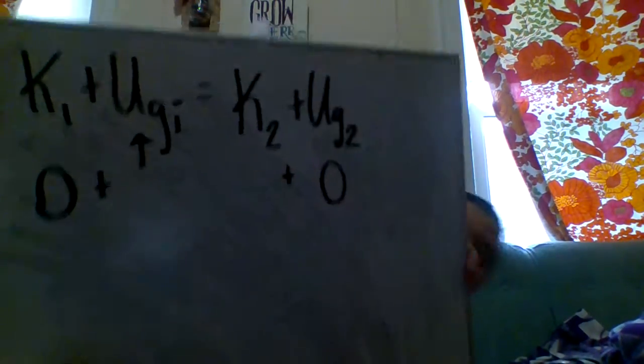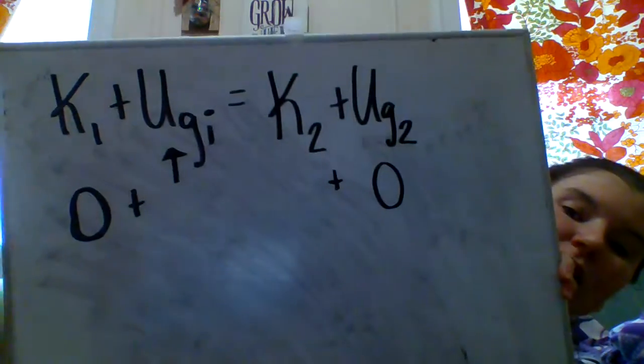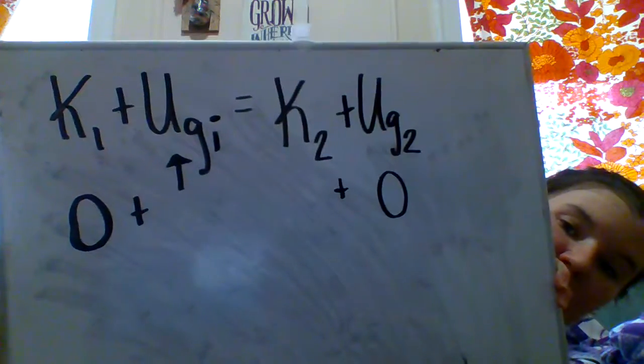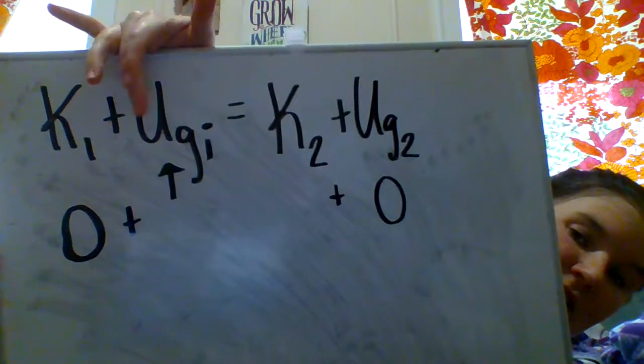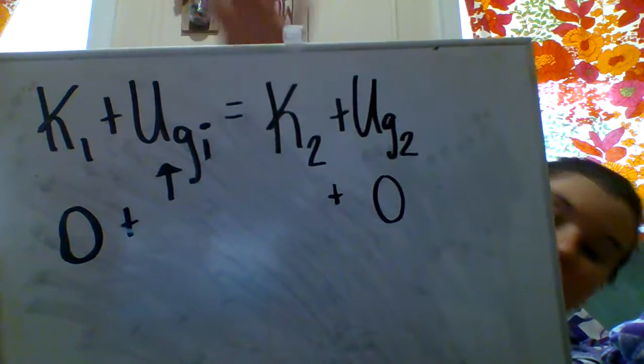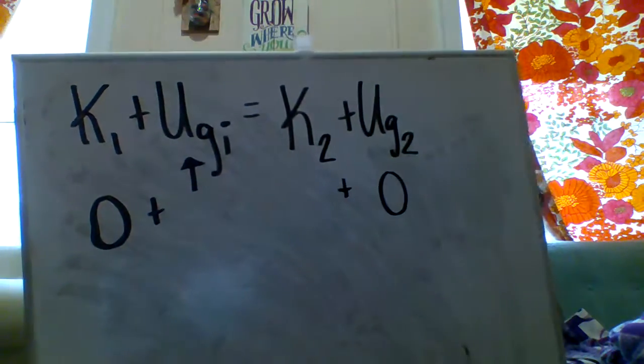So we need to find our gravitational potential energy of the initial, and that will give us our kinetic energy, because UG2 will be 0 at the end. So we just need to find our UG1, and that'll give us our K2, because they'll be equivalent.